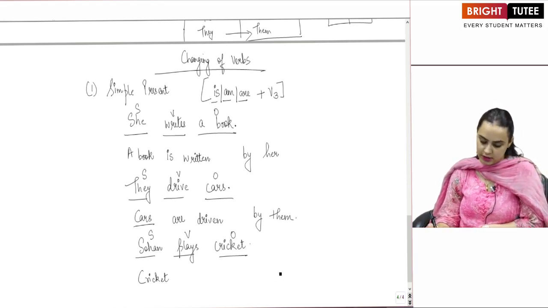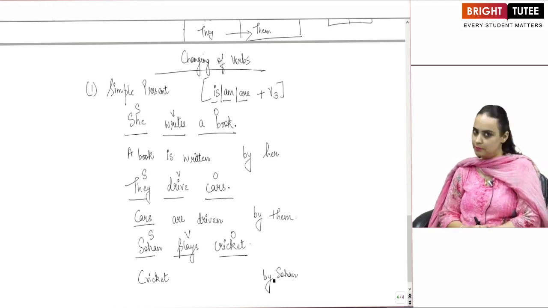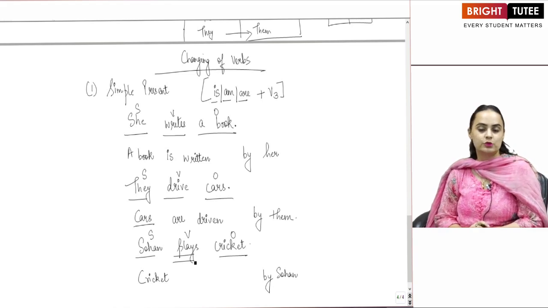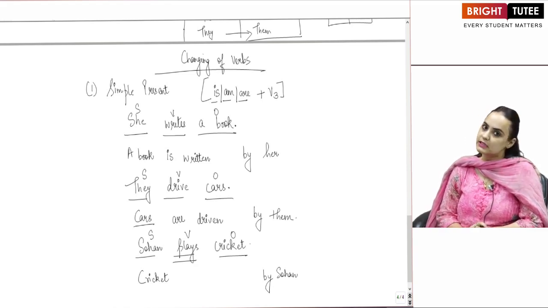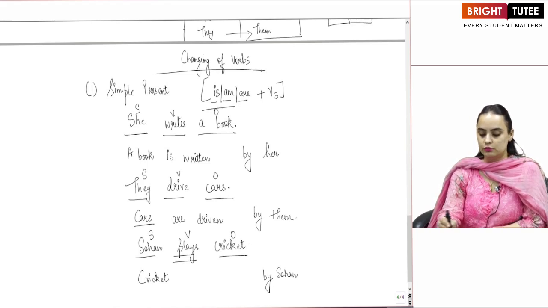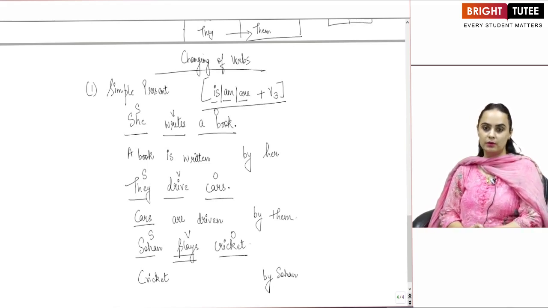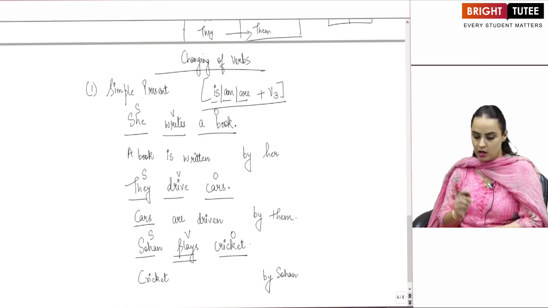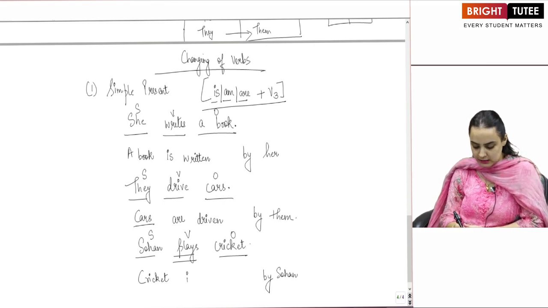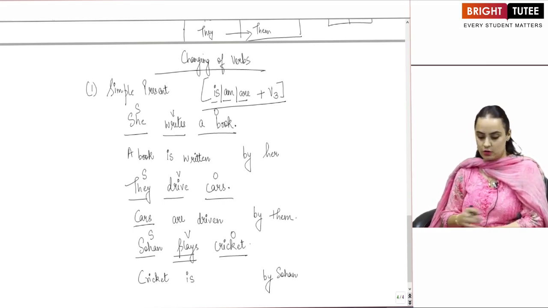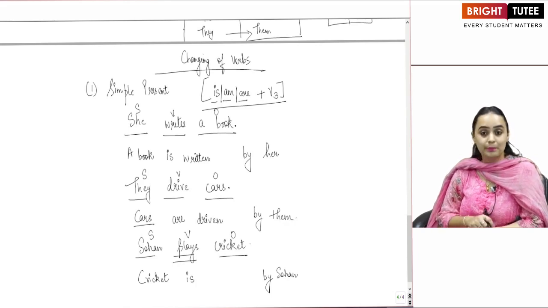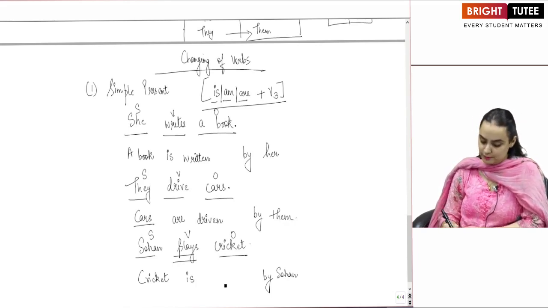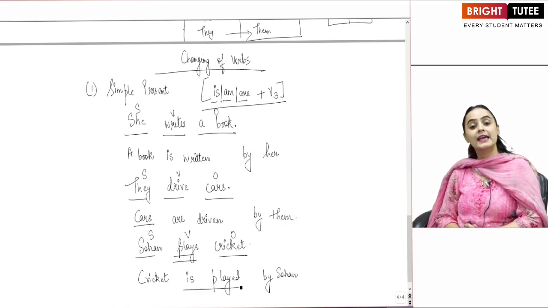Sohan is my object, so it comes at the end, and before the object we have to write by. Now plays, which is my verb, is in simple present tense. Again, what is the rule? We have to choose one of the helping verbs, that is, is, am or are. What am I going to choose with cricket? Cricket is singular, so is. Then the third form of the verb. What is my verb in this sentence? Plays. What is the third form of plays? Played. So plays changes to is played.